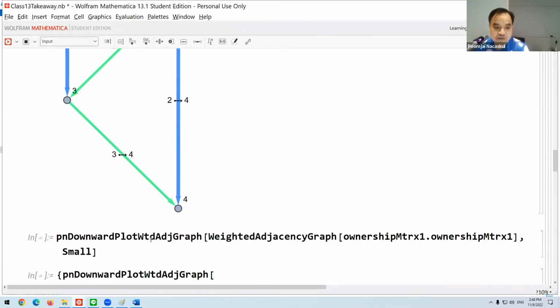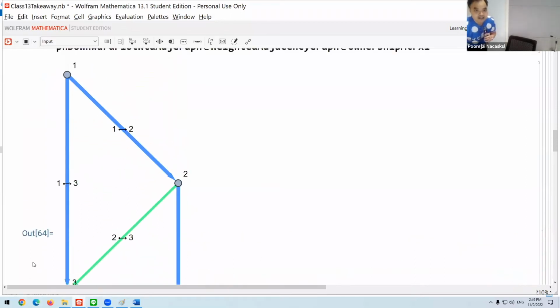So what happens when I want to consolidate? This is like that picture, right? 1 owns 2, 2 owns 3, but 1 also owns 3. But the thing is, 1 doesn't just own 3 directly, it owns 3 indirectly.